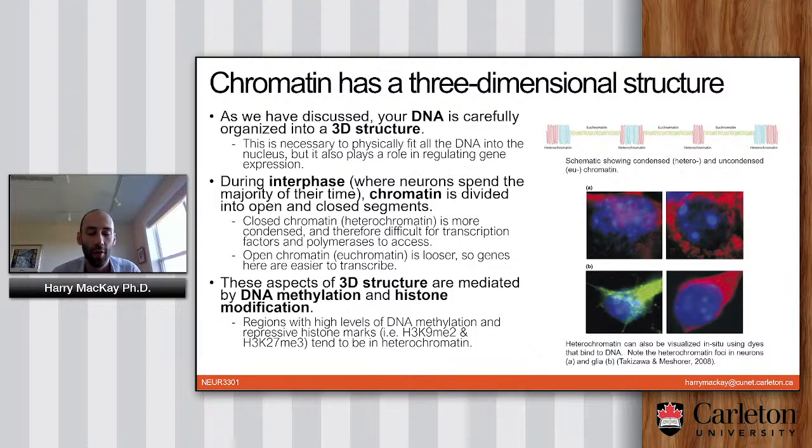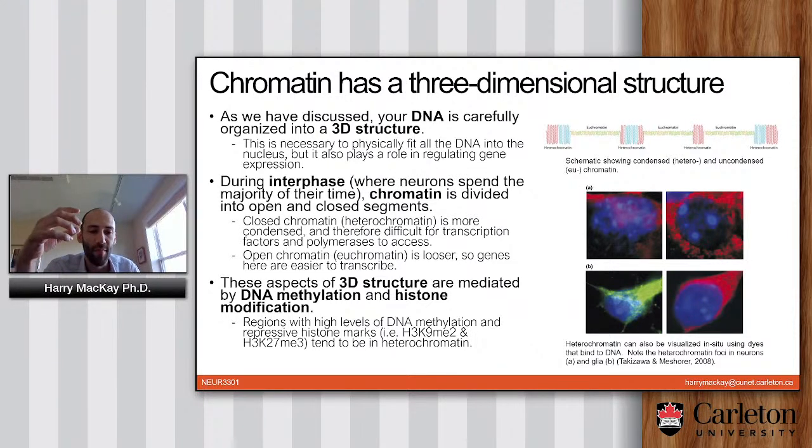The closed parts are called heterochromatin, and they're very condensed, and as I've been trying to emphasize, when the chromatin is condensed and stuck together, it's very difficult for transcription factors and enzymes to access. In contrast, open chromatin, or euchromatin, is looser, and so genes that are located in euchromatin are easier to transcribe. And these aspects of the three-dimensional structure of chromatin are mediated by DNA methylation and histone modification.